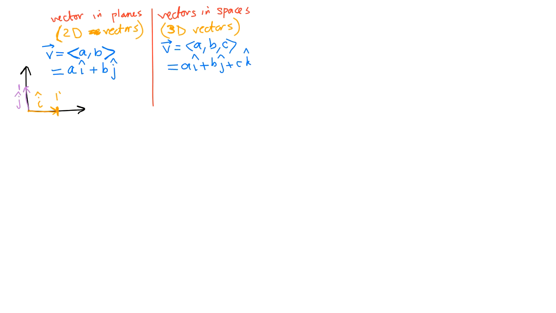Now, what about vectors in space? In space, we have i, j, and k.